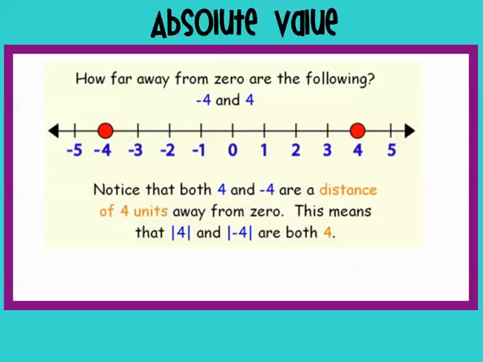So let's compare again the absolute value of two numbers, +4 and -4. Because both of those numbers are 4 units, 4 spaces away from 0 on the number line, the absolute value of 4 and the absolute value of -4 are both 4.